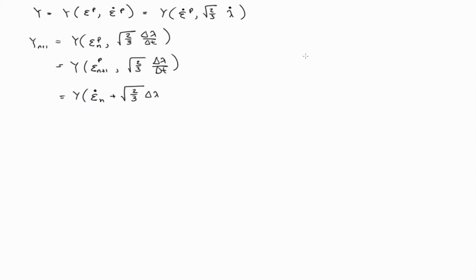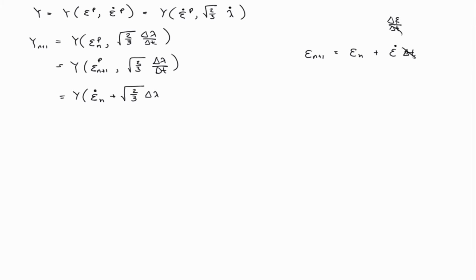In other words, if we write in a continuum way, the new value of equivalent plastic strain is equal to the old value plus the strain rate times delta t, where the strain rate is delta epsilon over delta t, so the delta t's cancel.